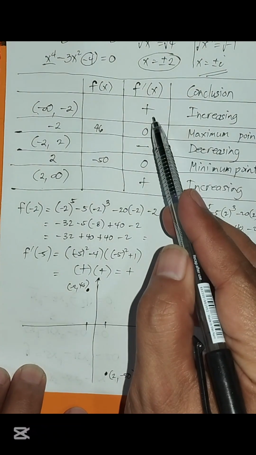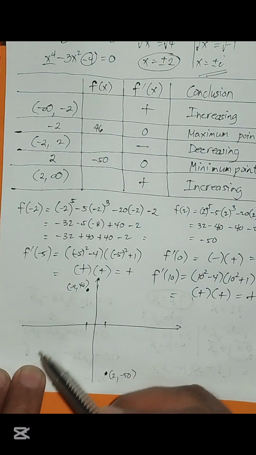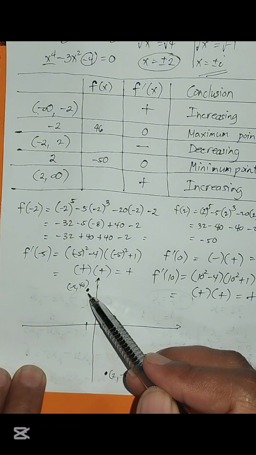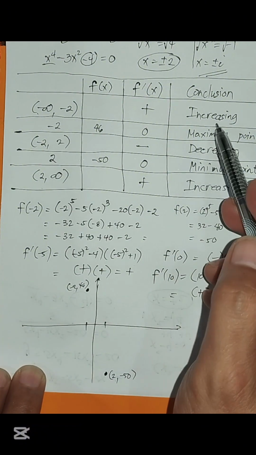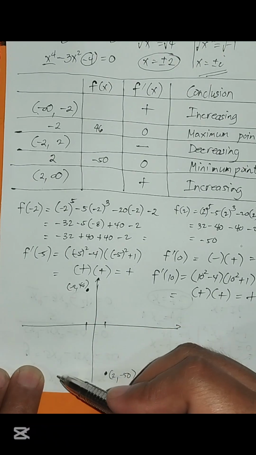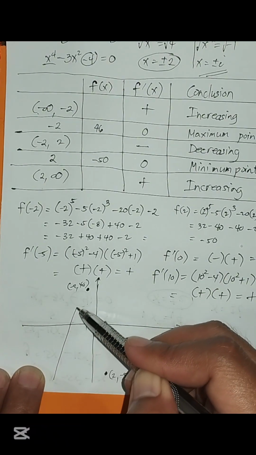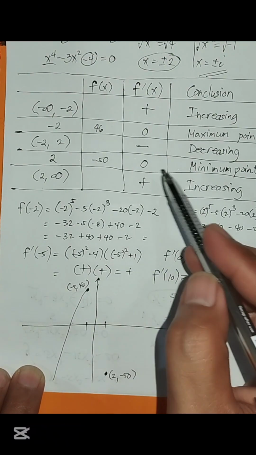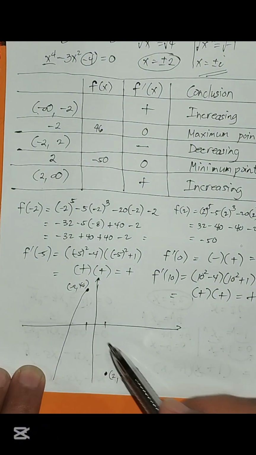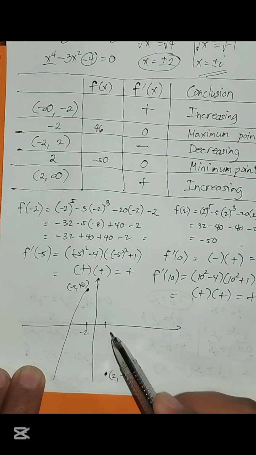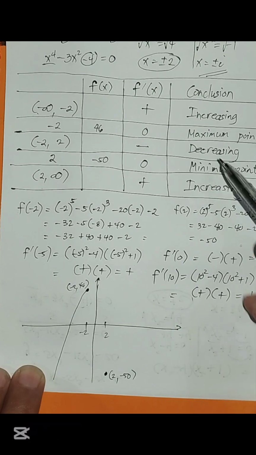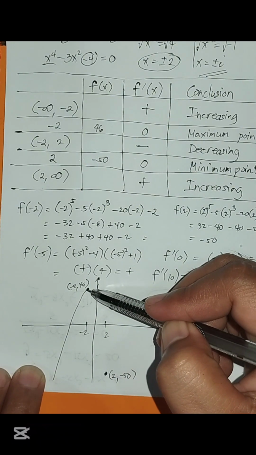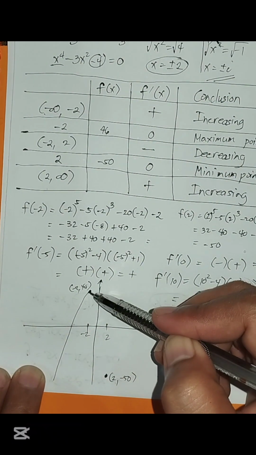From negative infinity up to negative 2, we have increasing, so the graph is increasing, just like this. And then from negative 2 to positive 2, we have decreasing, from this point down to this point.